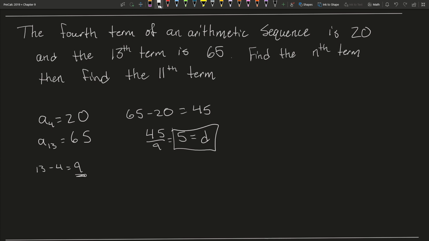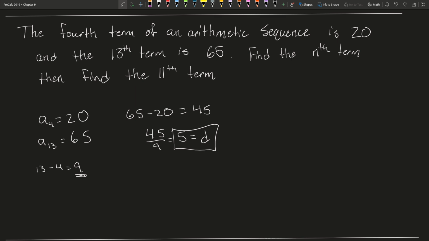Are there any questions about how I got that? Okay, then, so we got a common difference, but we still need to find the nth term and the 11th term.